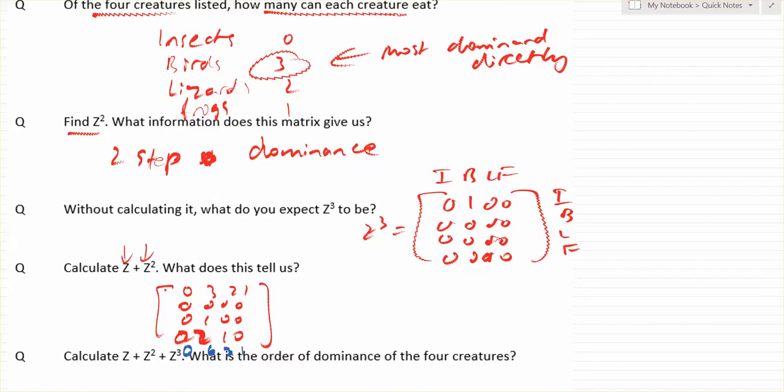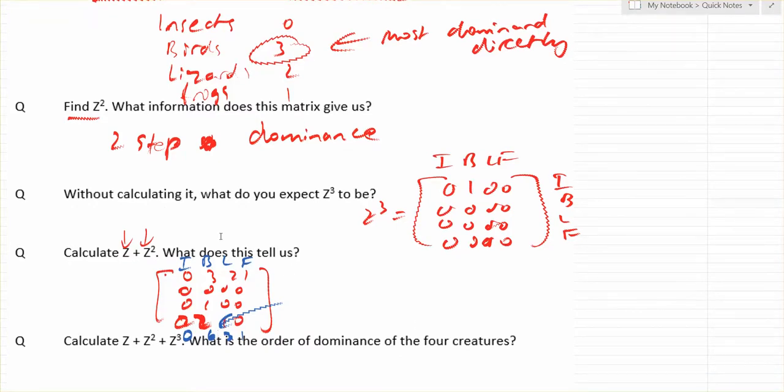Again, this is in the order birds, lizards, frogs, insects. I can see that if the steps are a maximum of 2 steps, then birds are still dominant because we get a value of 6. And insects are still 0, so they're still not dominating anything.